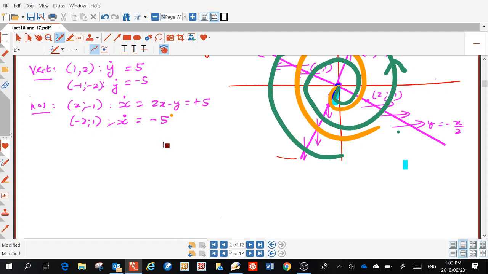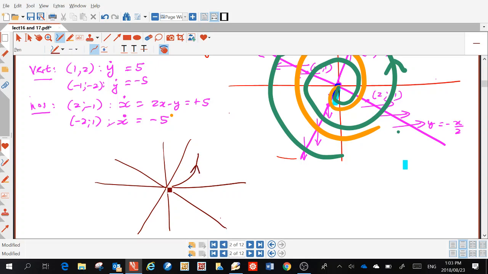It's the same thing. Remember, these are not the eigenvectors, so they don't tend towards these lines. I think I drew it like this.